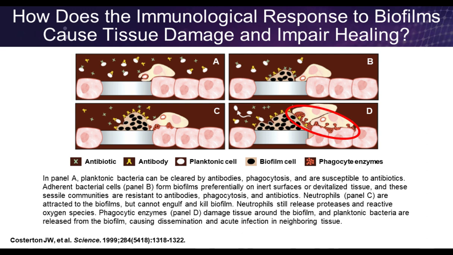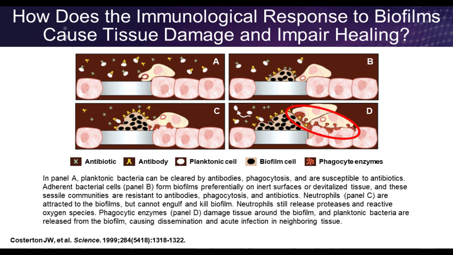And in panel D, the result is that the chronic inflammation that occurs due to the presence of the biofilm and its matrix leads to chronically elevated levels of proteases and reactive oxygen species that accidentally degrade protein components that are essential for healing, and the wound stops.